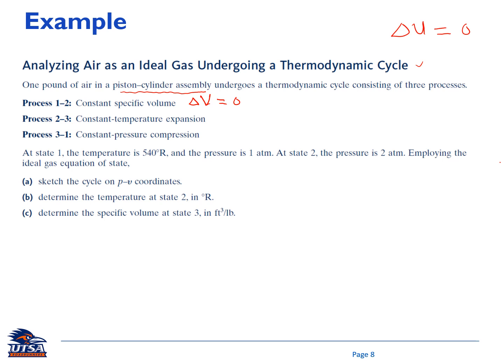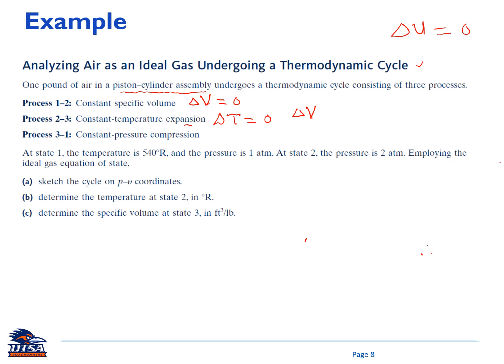And then the second process changes from state 2 to state 3. It occurs under constant temperature expansion, so here delta T equals 0. And what happens with the volume? It increases because it's expansion, right?